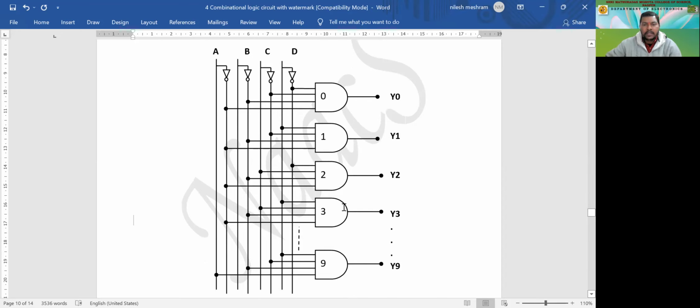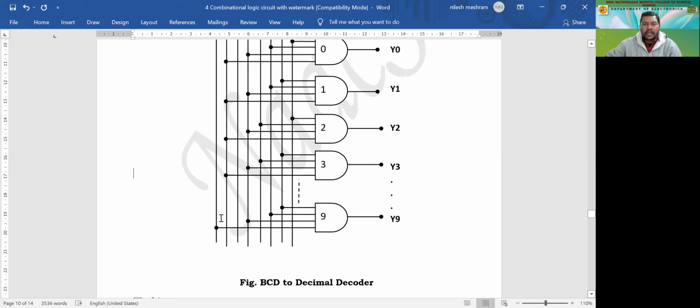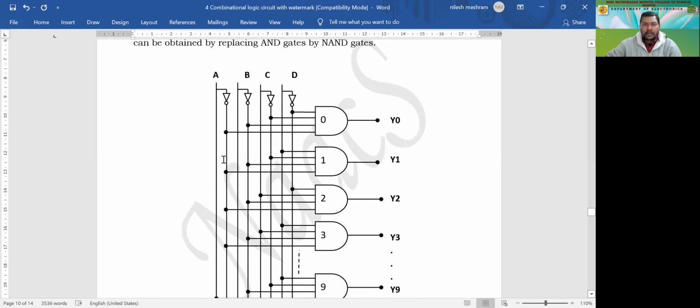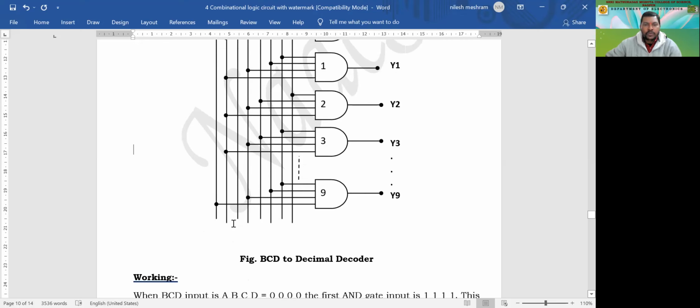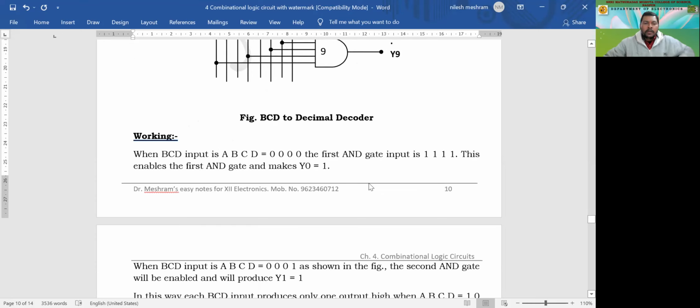So I'm giving C and D high to this AND gate, and A and B will remain 0. So Y3 will be the output. And similarly, for say 9, I require 1 0 0 1. So this is 1, B and C are both 0 0, and the last D is also 1. So you'll be giving high at this output. So this is how the BCD to decimal decoder can be made.